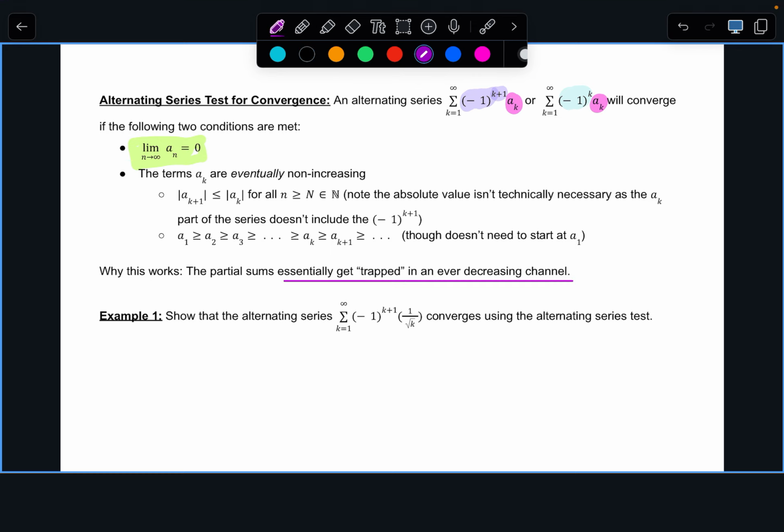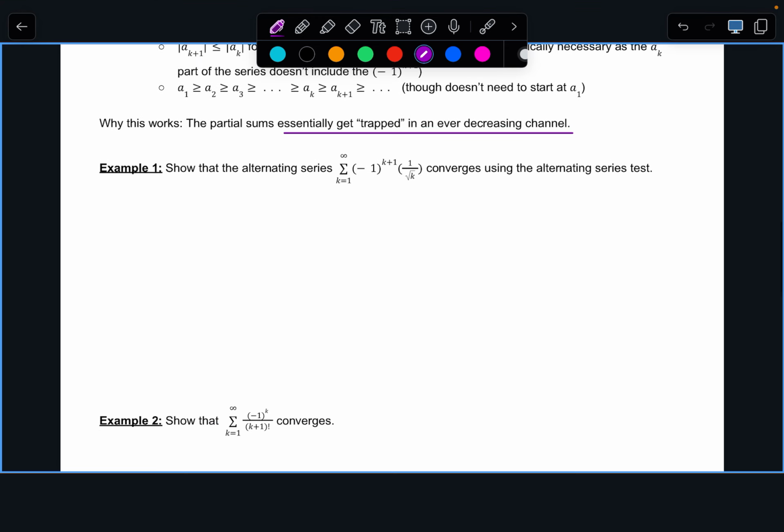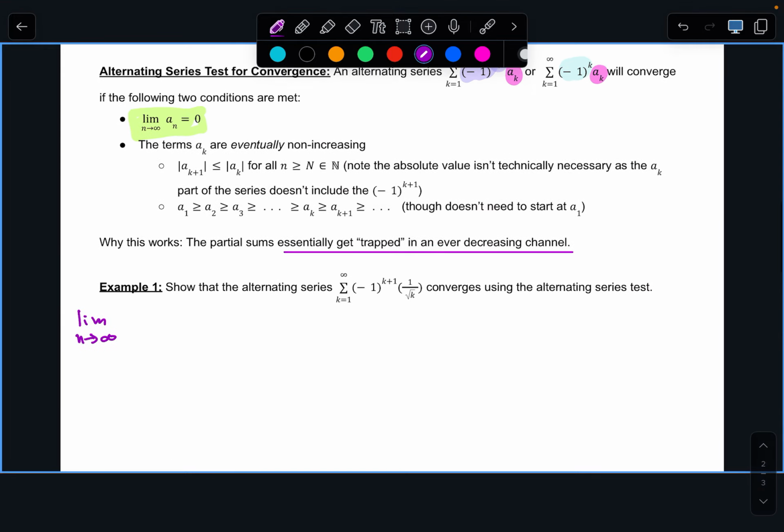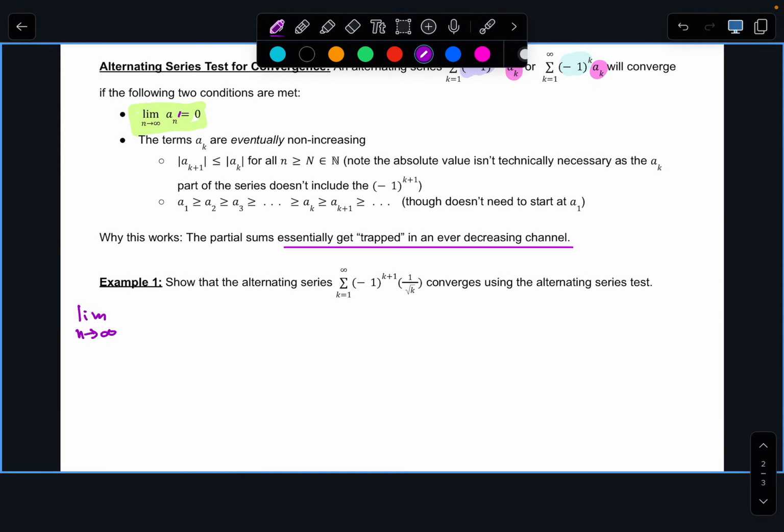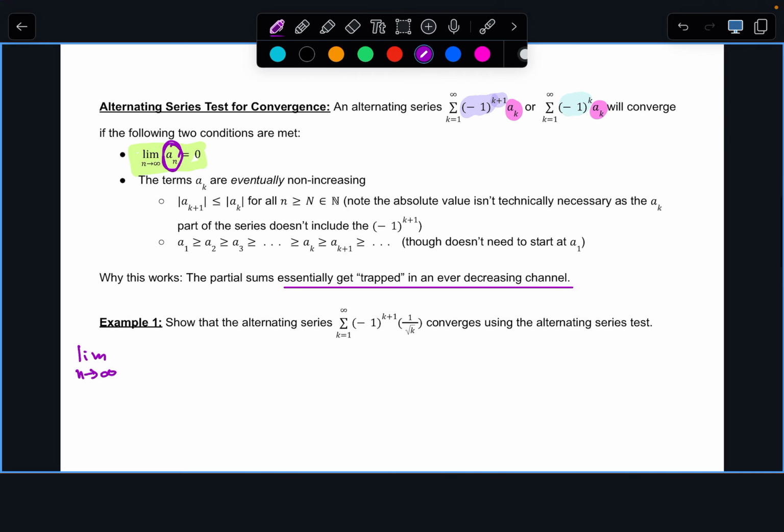Any questions about any of this before we do an example? Okay. It's really just about being trapped in that channel, and then you just show these two criteria. So in example 1, criteria 1, we take the limit as n goes to infinity. Now this is one little notable thing that you might not notice in the notation. This a sub n part ignores the -1 to the whatever part.